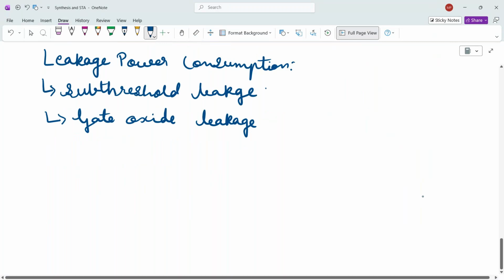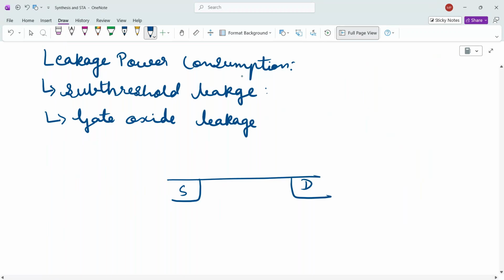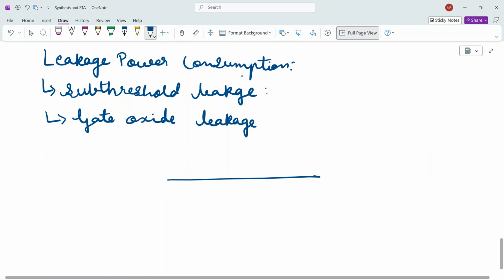So let me quickly draw this. Sorry, I will draw it a little bit. This is source, this is drain, very exaggerated.